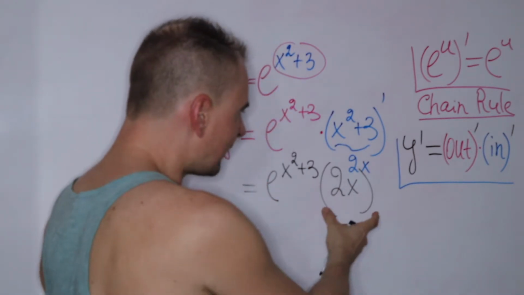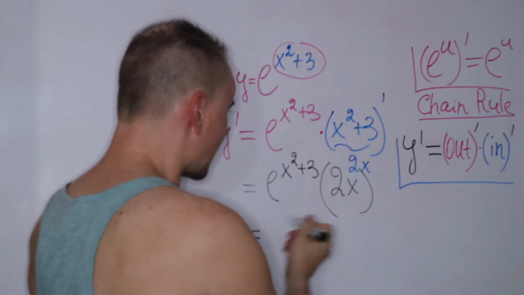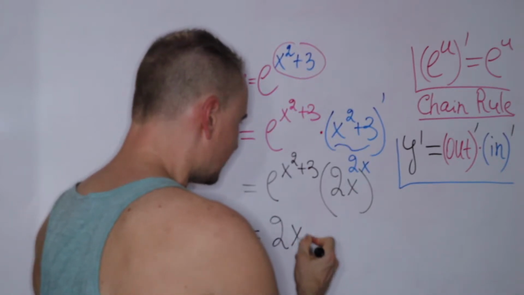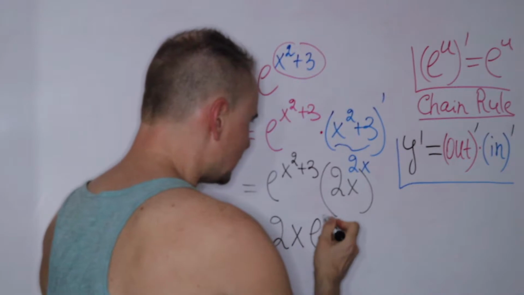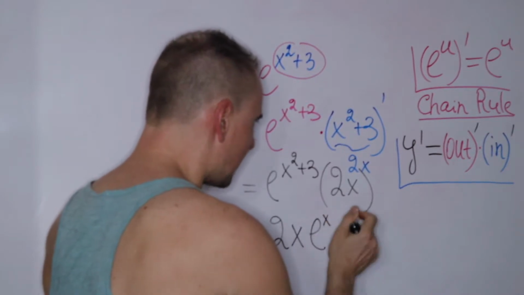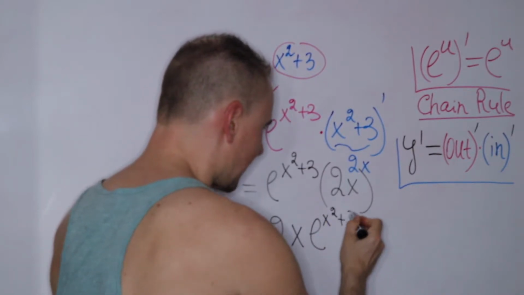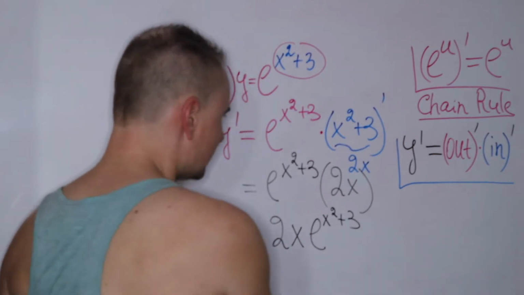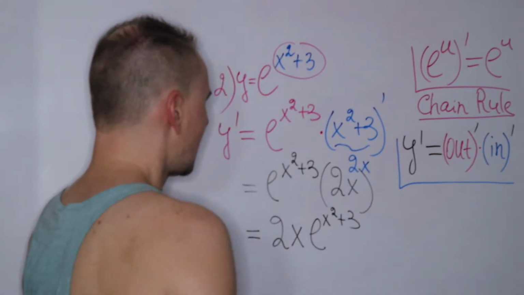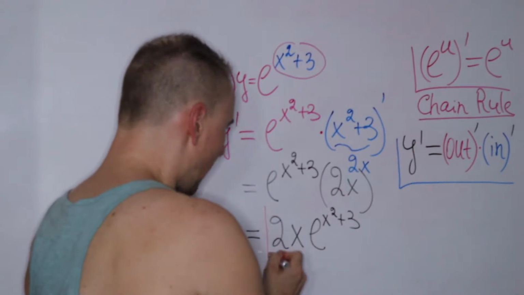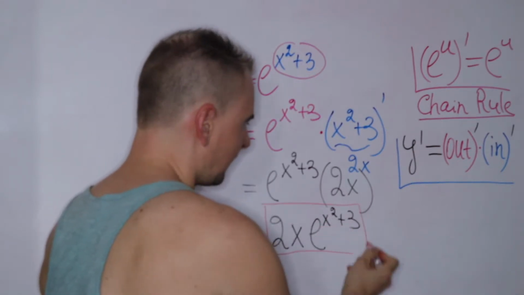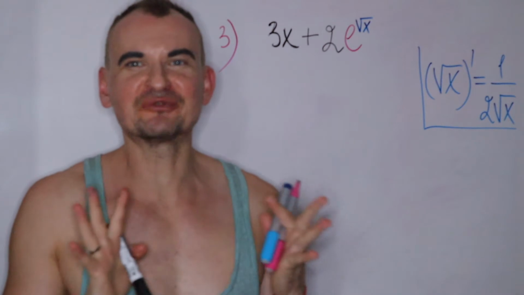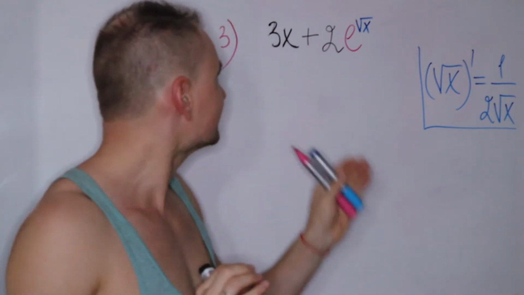And typically we put the algebraic function in front, so it's going to be 2x times e raised to this power x squared plus 3. That's going to be your derivative for this original function.